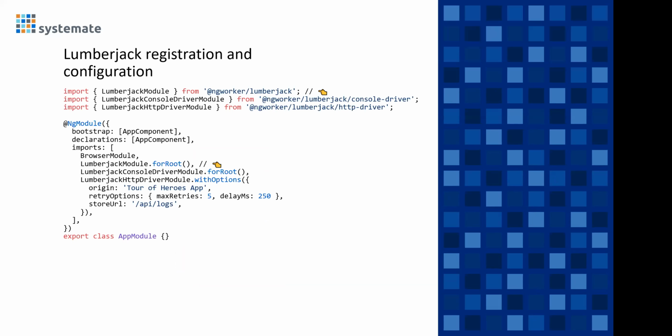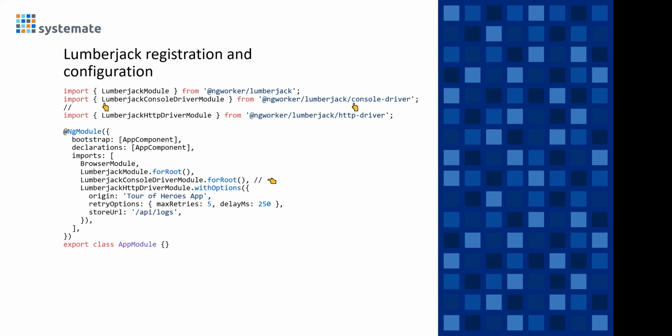We call this static forRoot method. That's a conventional pattern in Angular, which means that it should only be used or called in one place, usually in the class called app module. We have this console driver in a sub package. So if you don't want to use it, it won't be included in your application bundle.